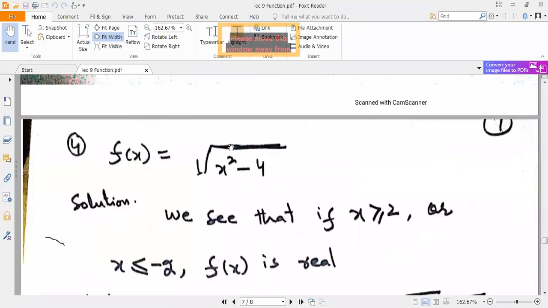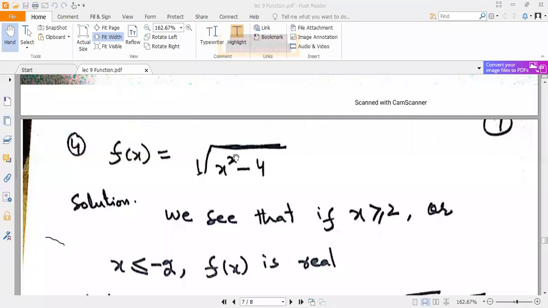Again, see here, now this is a function in radical form. It means there is a chance of an imaginary number. Now you see that if we put any x greater than or equal to 2, like 2, 4 minus 4 is 0, okay.